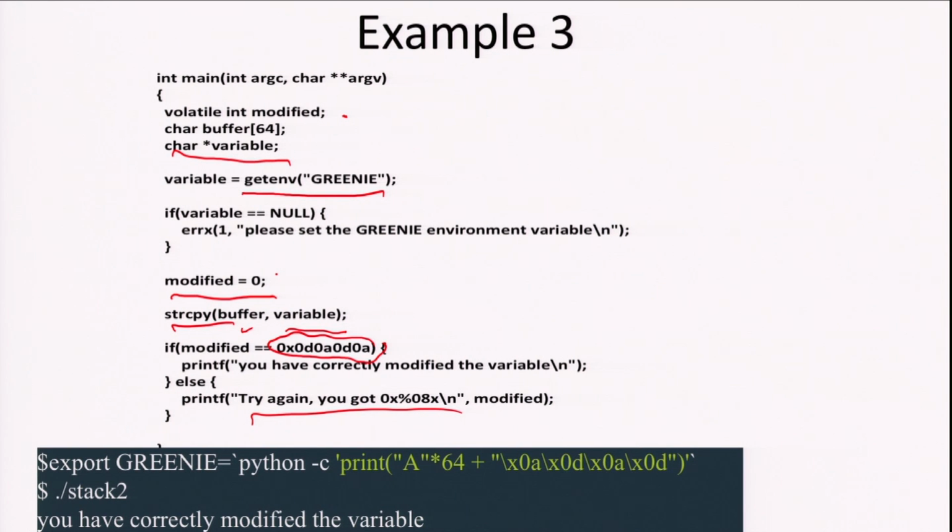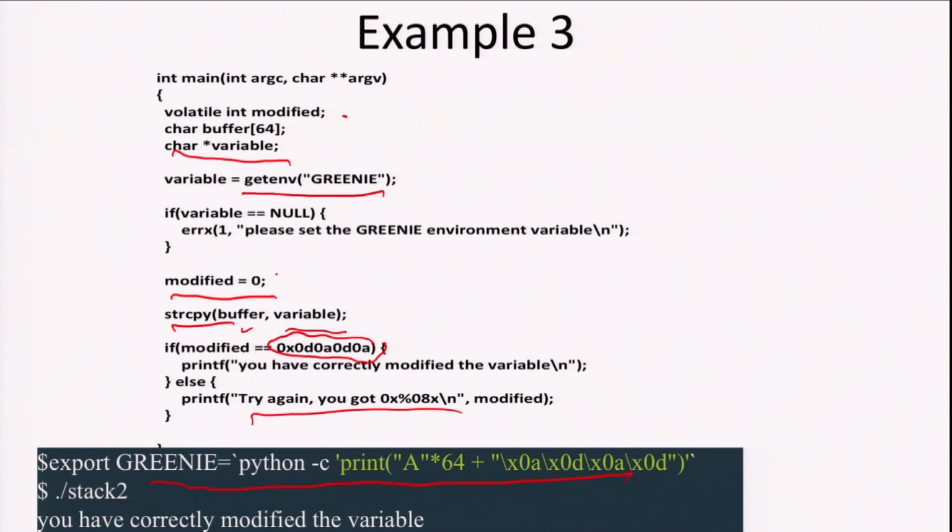So first we do an export of an environment variable called greeny, and we give it a string of 64 A's followed by this particular sequence of hex numbers, but this sequence will actually be in the reverse order as before, and then we execute the program.